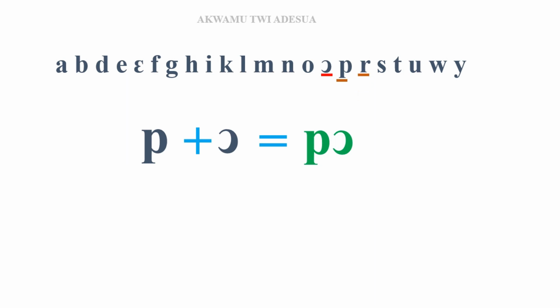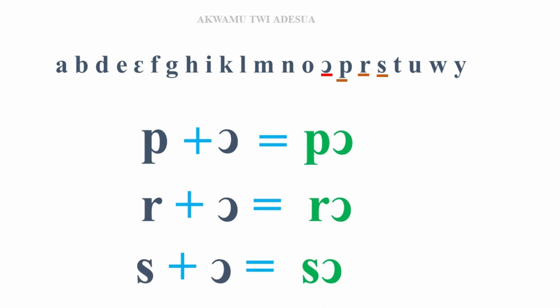R plus O will give us Ro. S plus O will give us So.